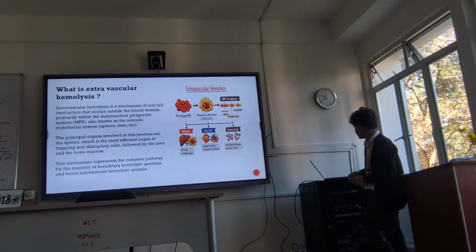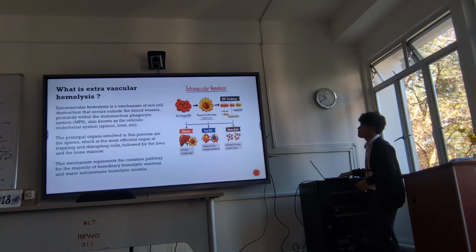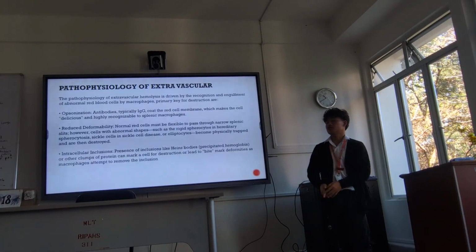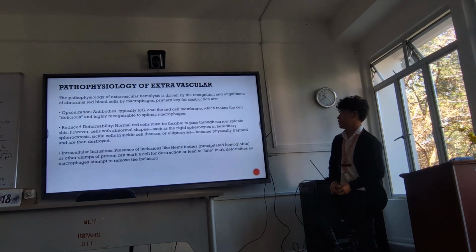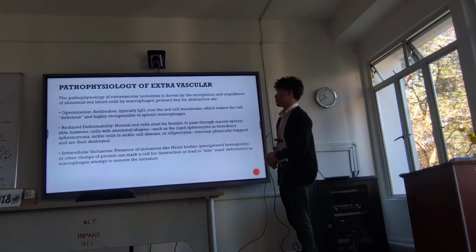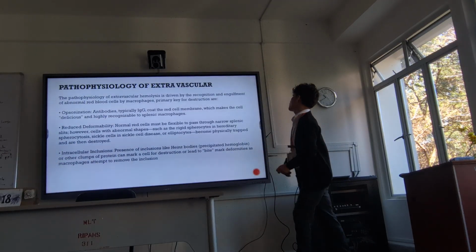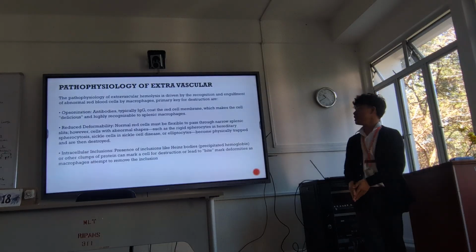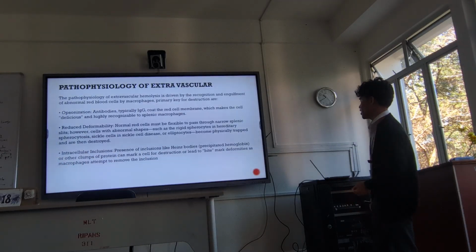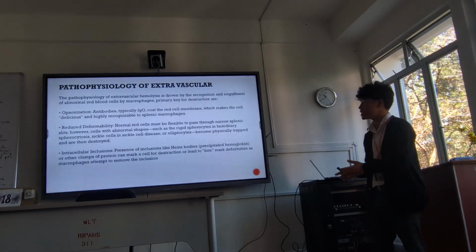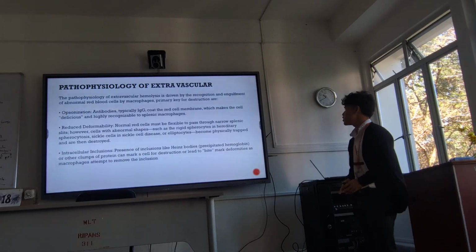Very nice. You can use this picture in the exam also. These are the pathophysiology and the primary triggers. As you know, opsonization by antibodies, typically IgG, coats the red blood cell membrane, which makes the cell highly prone to attack by macrophages. Macrophages do phagocytosis, which means they engulf the cell.